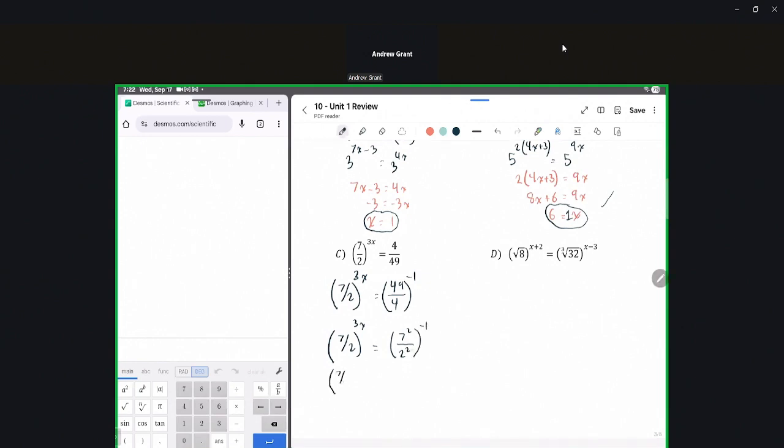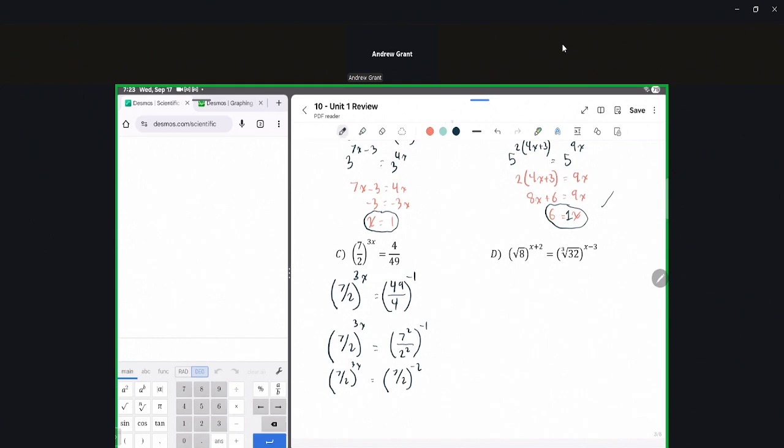And so we have 7 over 2 to the power of 3x is equal to, now note this has a 2 applied to both, and so this becomes 7 over 2 to the power of negative 2. Because remember, this was part of the expanded exponent laws, where if you have an exponent 2 applied to both the numerator and the denominator, just pull that out.